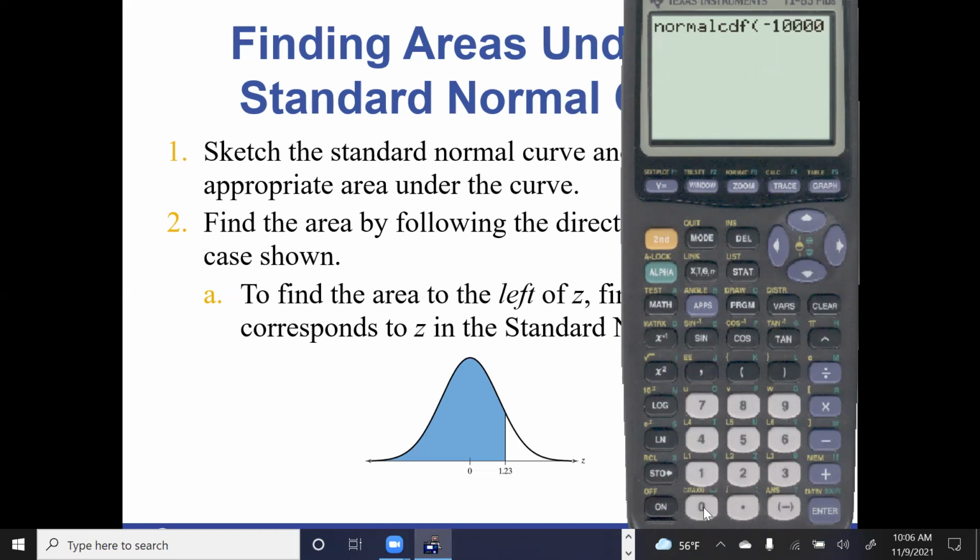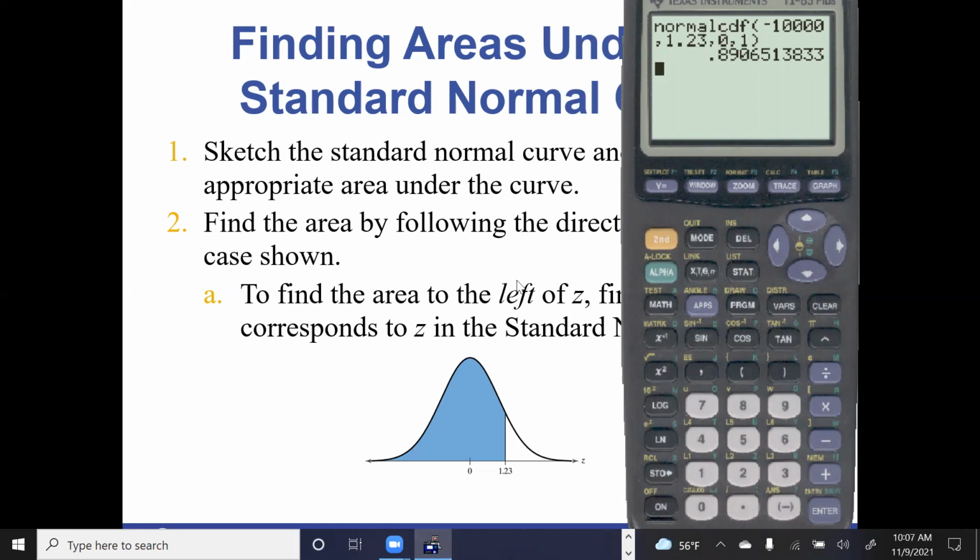If you put in a negative million, you're fine. Just a really, really low number. Comma. You're going to go up to 1.23, comma. Our average, our mu, is 0. Our standard deviation is 1. Click enter and voila. 0.89065, so 0.8907 is what we want.